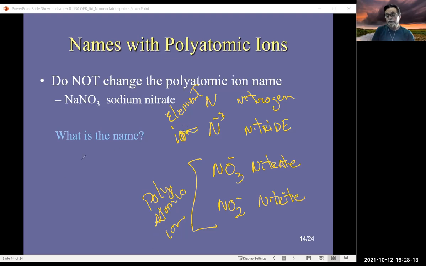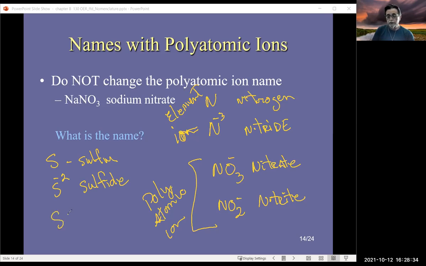And you'll see also the same thing happens with sulfur. You got sulfur. Sulfur is in group 6. When it becomes an ion, it becomes sulfide. Sulfur all by itself.